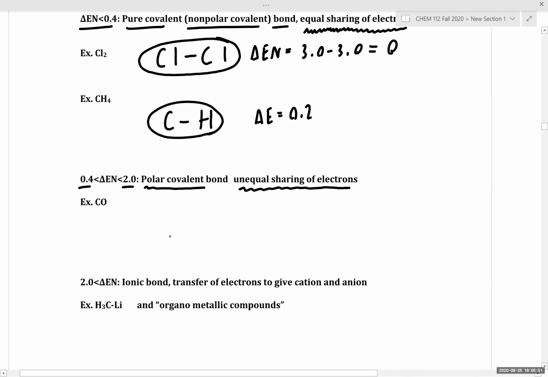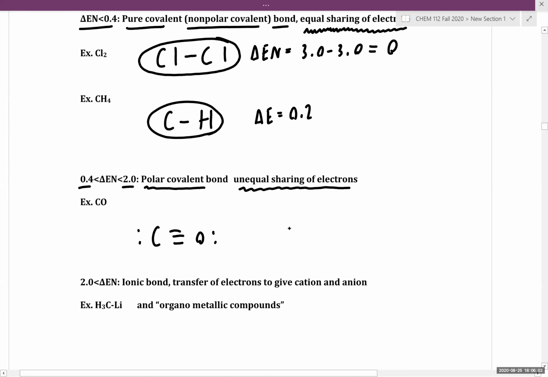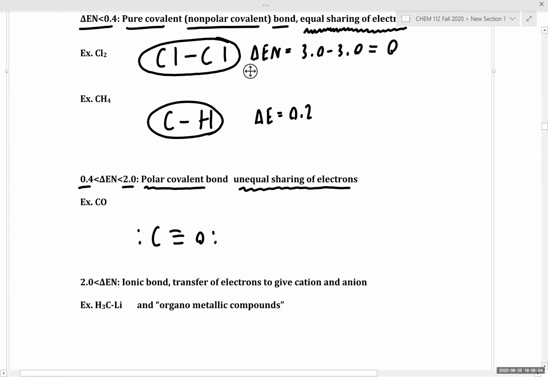So for example, in carbon monoxide, which looks a little bit like this, ignoring the formal charges, if we just think about how electron density would be distributed in this chemical bond, which atom is more electronegative, carbon or oxygen?